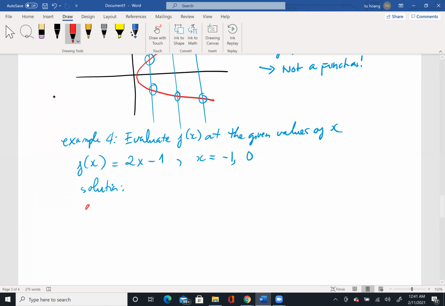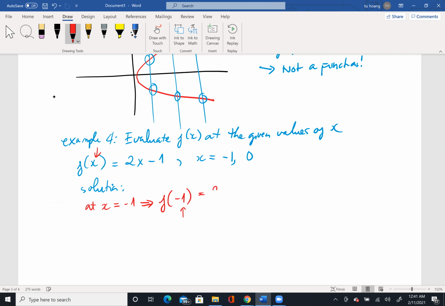I have at x equal to negative 1. Now, f(x) changes to be f of negative 1. Now the input becomes negative 1, right? See, this input changes to become negative 1.